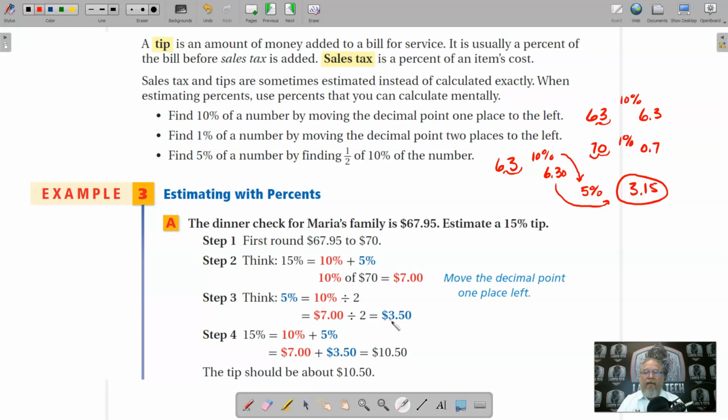So to get to 15%, we're going to take that 10%, $7, and the 5%, $3.50, and add them together because 10 plus 5 is 15. 7 plus 3 is 10, and we have the 50 cents for the cent part, so $10.50. So the tip should be $10.50.